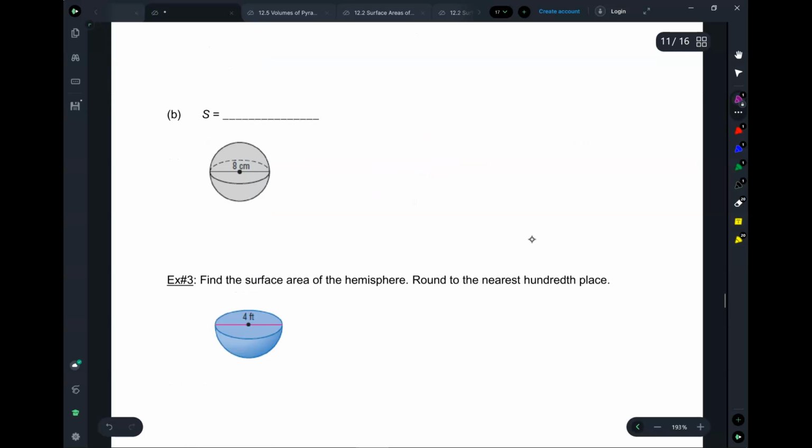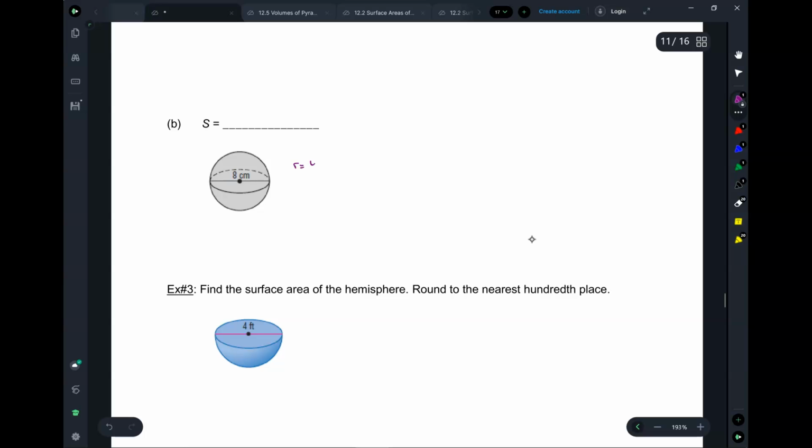So here, radius is 4. So surface area is 4 pi 4 squared. This is 64 pi. 201.06 centimeters squared.